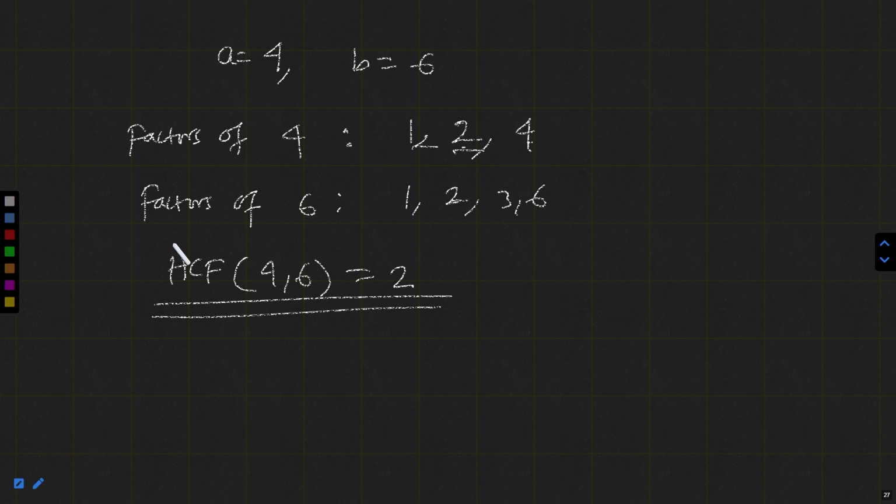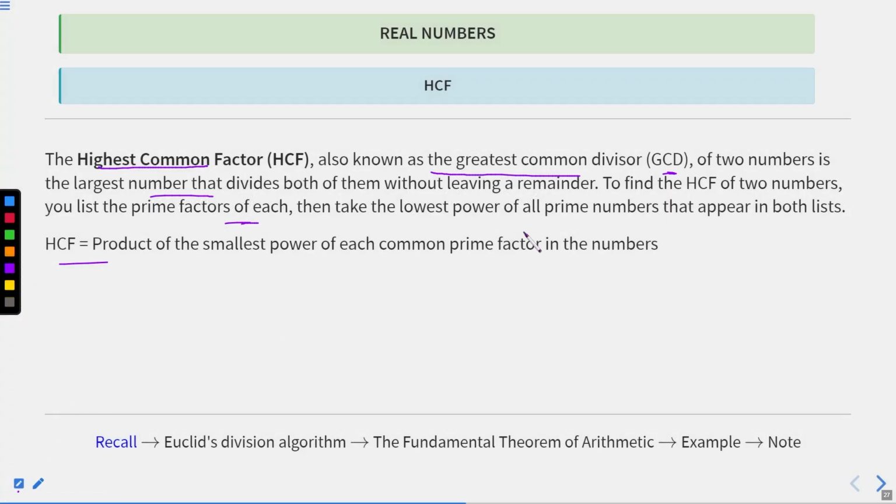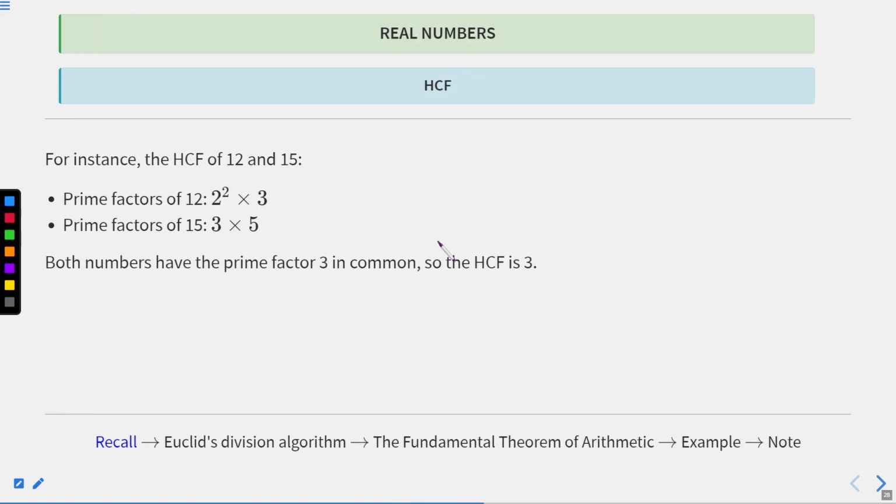By the prime factorization method, HCF is the product of the smallest power of each common prime factor in the numbers. For example, we need to find the HCF of 12 and 15. We already know the prime factors of 12 are 2 square into 3, and the prime factors of 15 are 3 into 5.